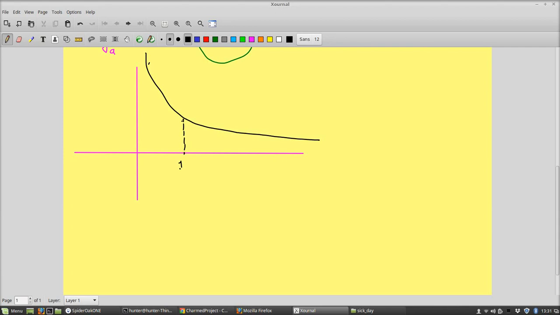So here's 1, and here's 2. This is y equals 1 over x. And we want to rotate this around the x-axis. And that makes the shape that we drew last time, kind of like this.